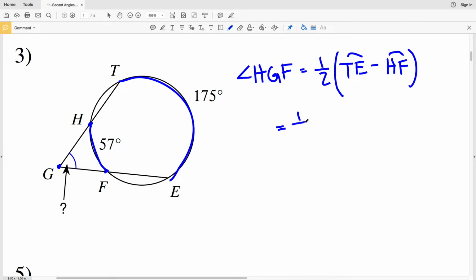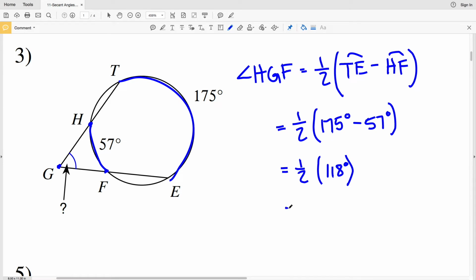So that's going to equal 1/2 of TE, which is 175 degrees, minus 57 degrees. 175 minus 57 equals 118. So now we just have to multiply 1/2 by 118 degrees, or divide 118 degrees by 2. And when we do that, we'll get 59 degrees. So our indicated angle is 59 degrees in number 3.